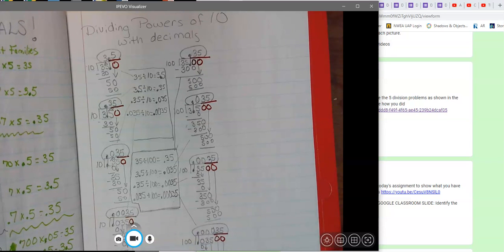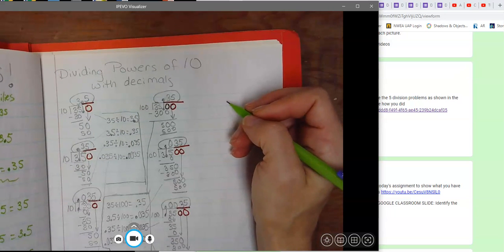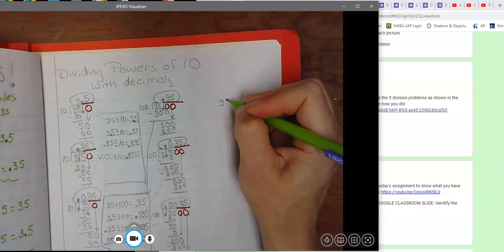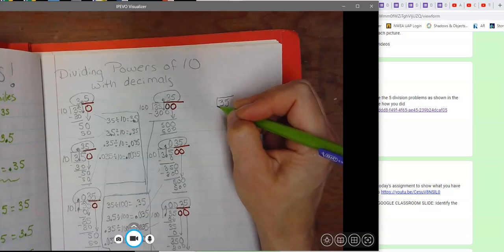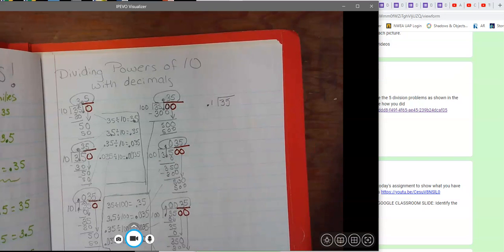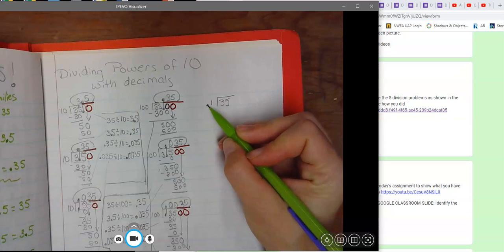New patterns to look at today? Well, we are going to do 35, and we are going to divide that by 1/10. What do we do when there's a decimal on the outside?